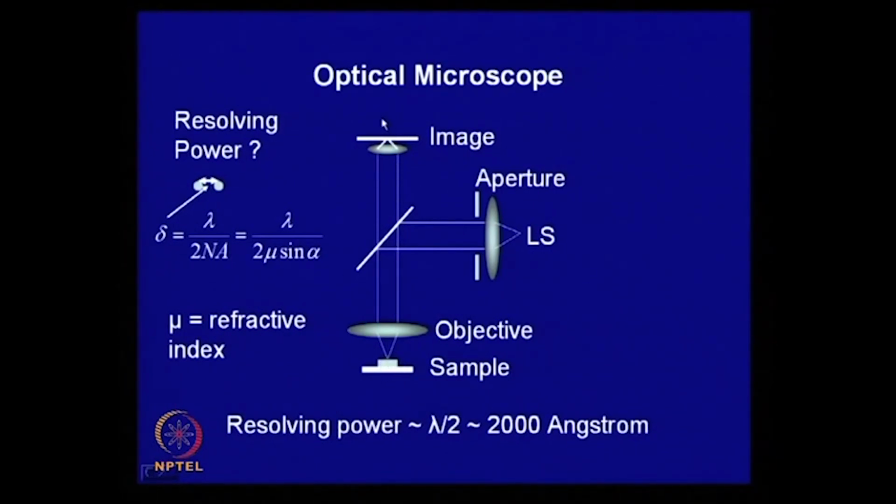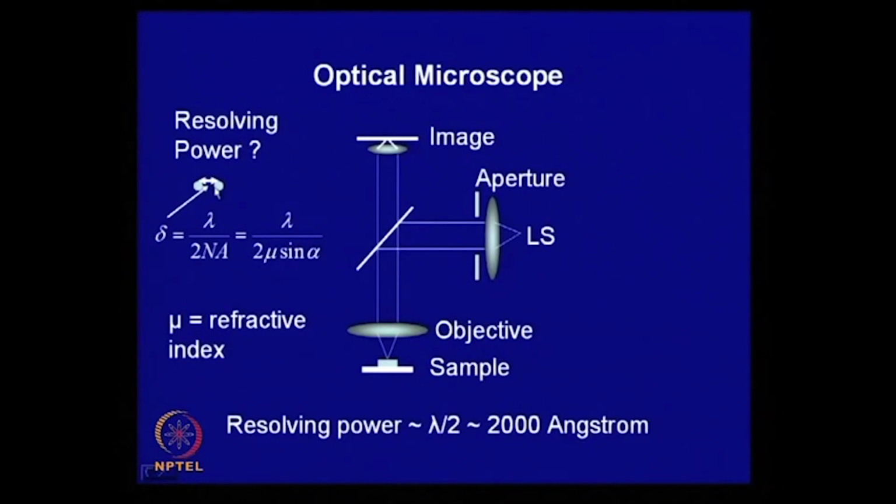You can put a photographic plate or a camera can be mounted, and this picture of the microstructure of the sample can be recorded. Now, the question comes, what is the resolving power of a microscope? By resolving power we mean the ability of the microscope to clearly see two very closely spaced points, which is shown over here.